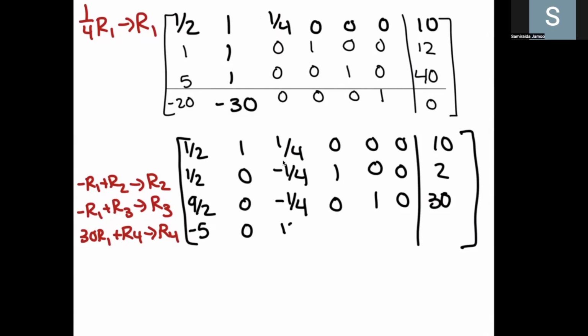That is 15 over 2. 0 plus 0, 0 plus 0, 0 plus 1. 30 times 10 gives me 300 plus 0. Okay, I still have a negative underneath that bar, so I'm still not done.